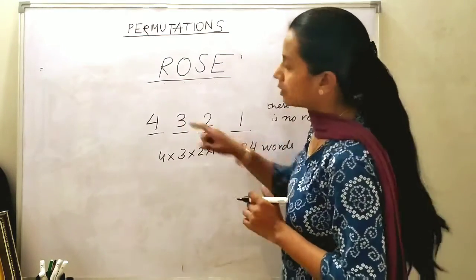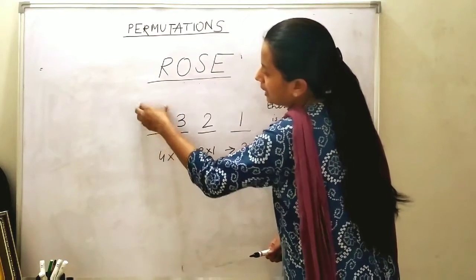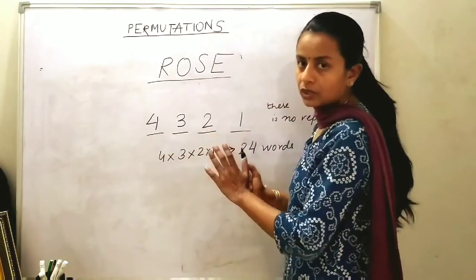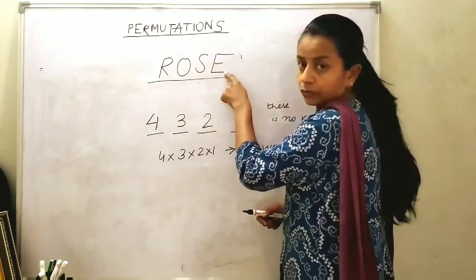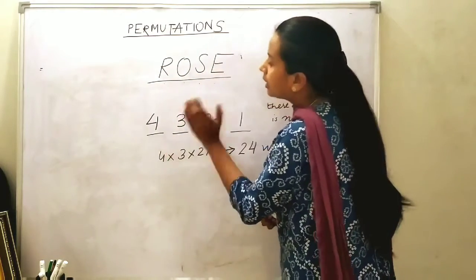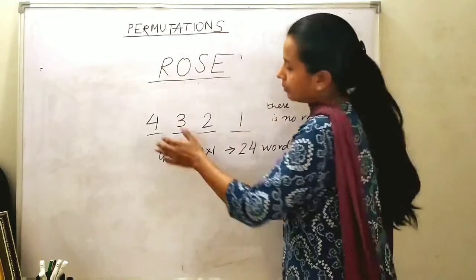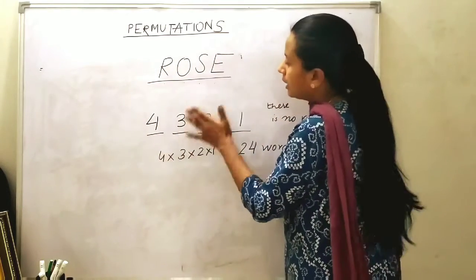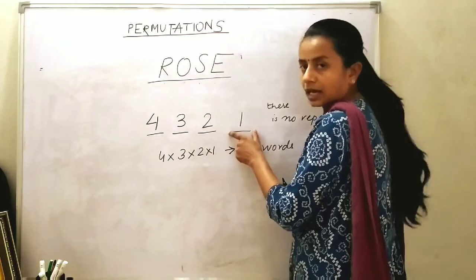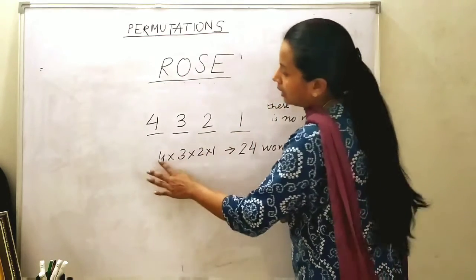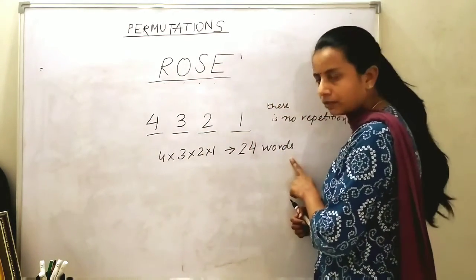So understanding this, the first place is an event which can occur in 4 ways because we have 4 letters. The second event can occur in 3 ways because one letter is taken by the first place. The third can occur in 2 ways and the last in 1 way. Then we multiply all of them and we get 24 words.